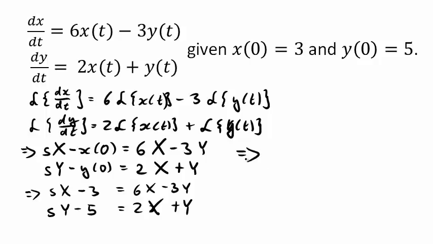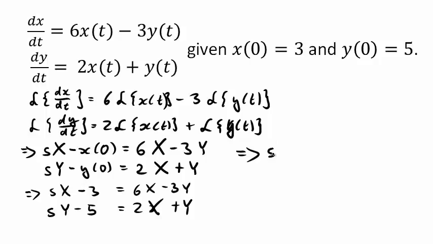I'm going to rearrange this so everything with capital X and capital Y is on the left hand side and all the constants are on the right hand side, which is then the typical setup for a set of linear equations when we start solving them. So I'm going to move the 6X to the left hand side, the negative 3Y goes to the left, and the negative 3 goes to the right, and I'm doing a similar thing for the second equation.